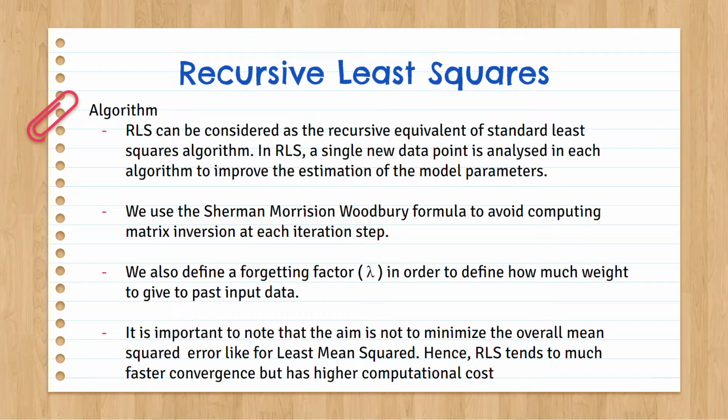We also define a forgetting factor lambda in order to define how much weight to give to the past input data. It is important to note that the aim is not to minimize the overall mean squared error like for least mean squared. Hence, RLS tends to much faster convergence but has higher computation cost.